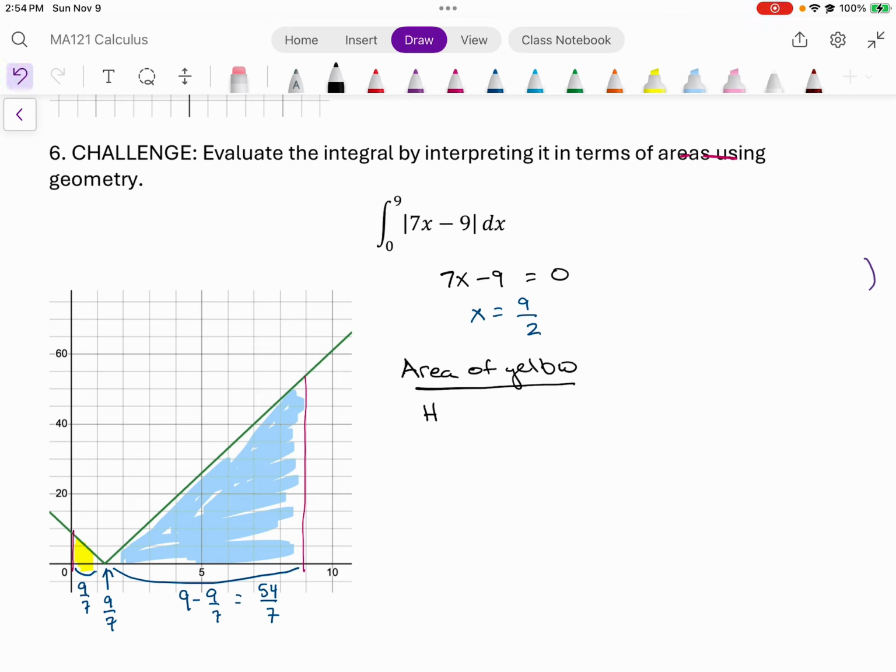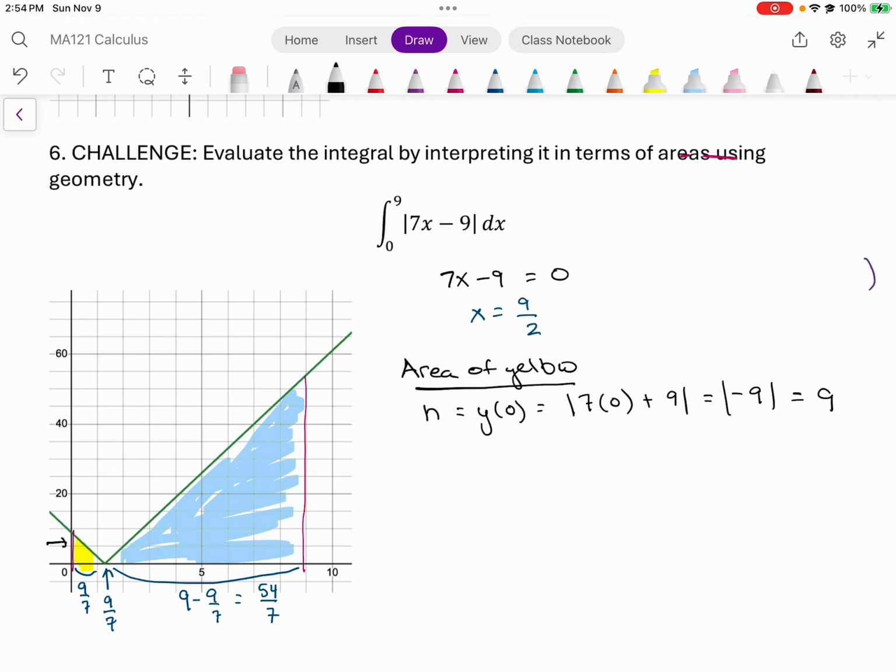I'll just use a little h. The height is going to be where x equals 0. It's going to be over right there. So where x equals 0 is going to be y of 0, or f of 0. So that's going to be 7 times 0 minus 9, which is -9 in absolute value signs, which is 9.